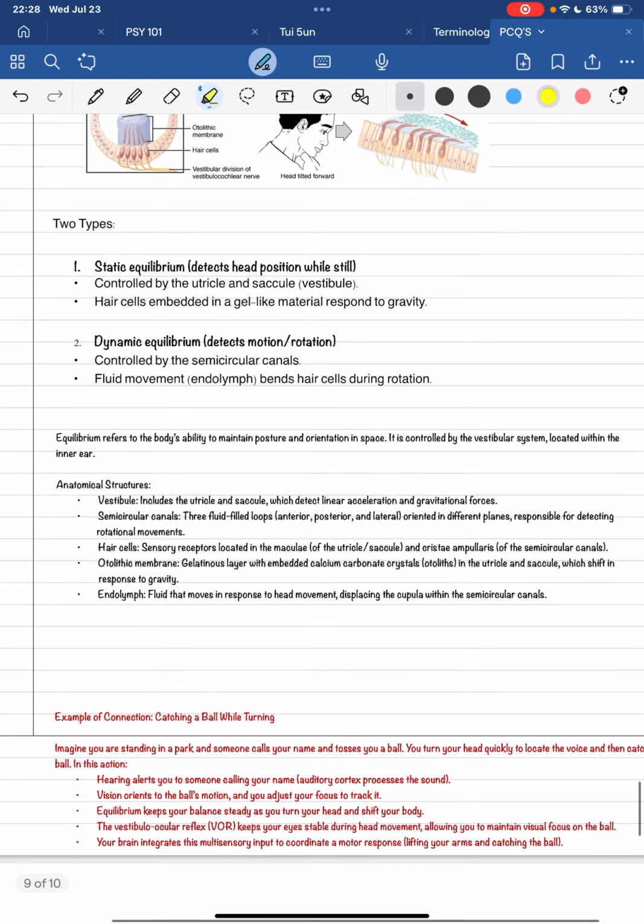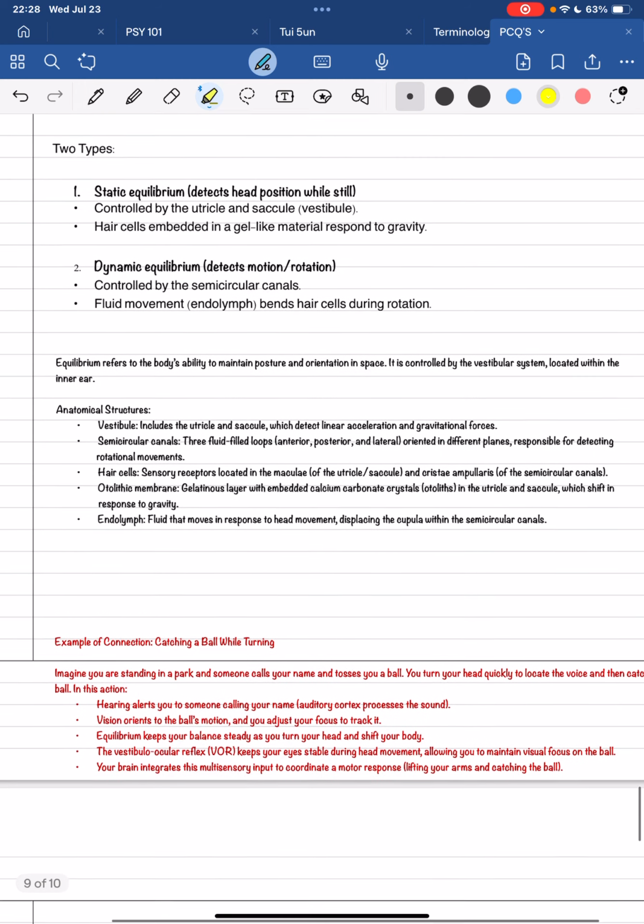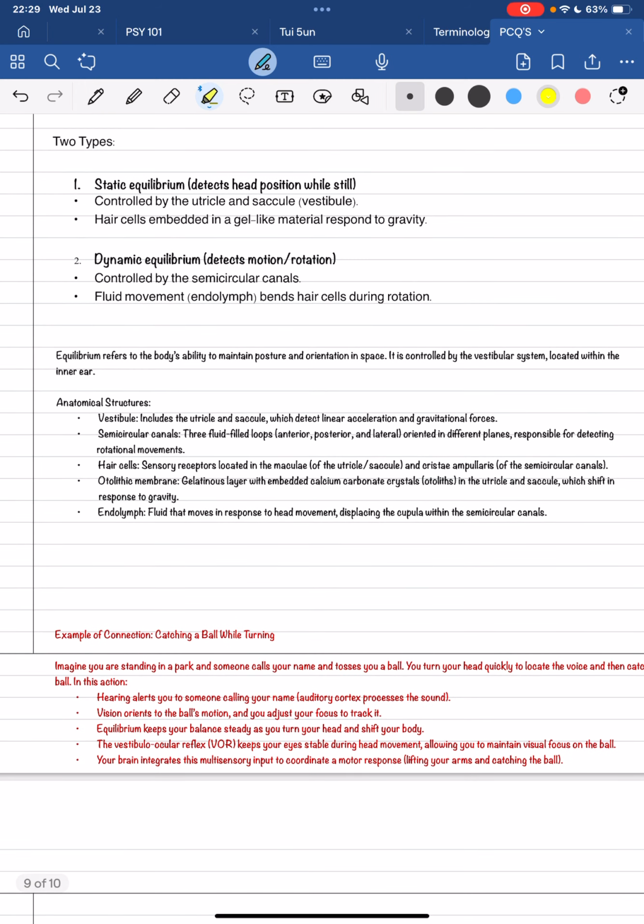So equilibrium refers to the body's ability to maintain posture and orientation in space. It's controlled by the vestibular system located within the inner ear. Its anatomical structures include the vestibule, which includes the utricle and saccule, which detect linear acceleration and gravitational forces. The semicircular canals are 3 fluid-filled loops, anterior, posterior, and lateral, oriented in different planes, responsible for detecting rotational movements.